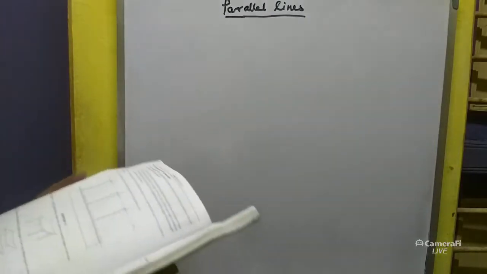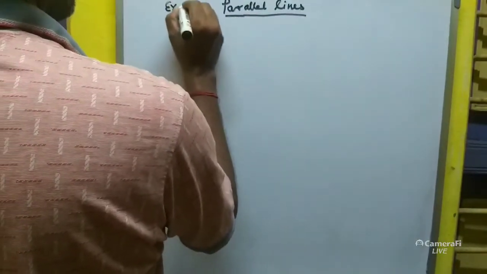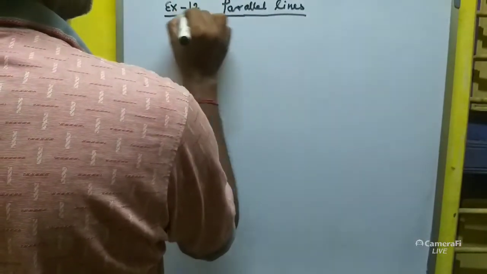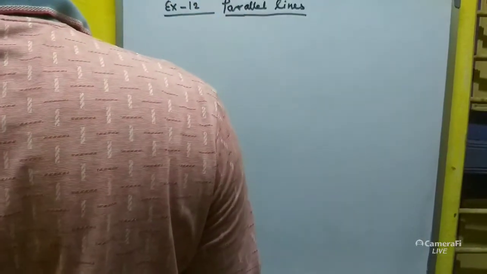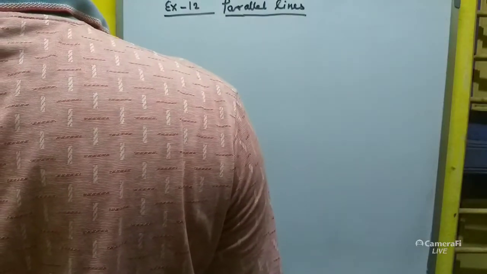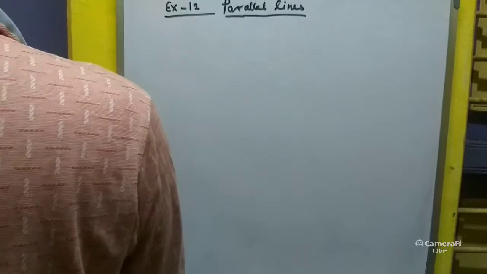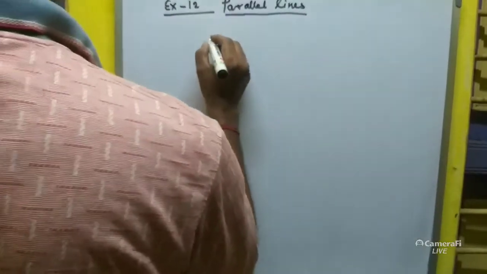So now the exercise, 12A, exercise 12. I will do the questions for you, every answer. In the figure given below, name the pair of parallel lines. So this is very easy. You can find out the parallel lines.